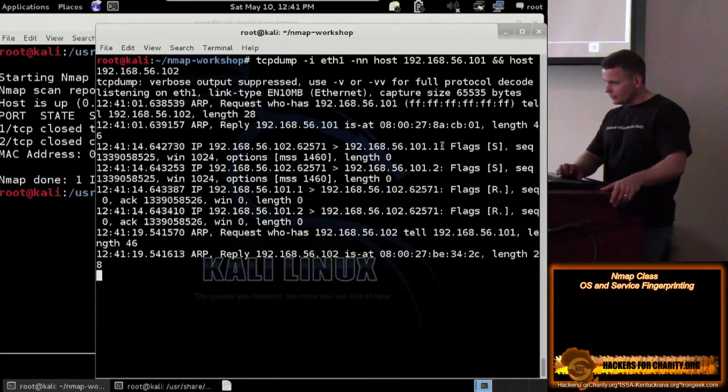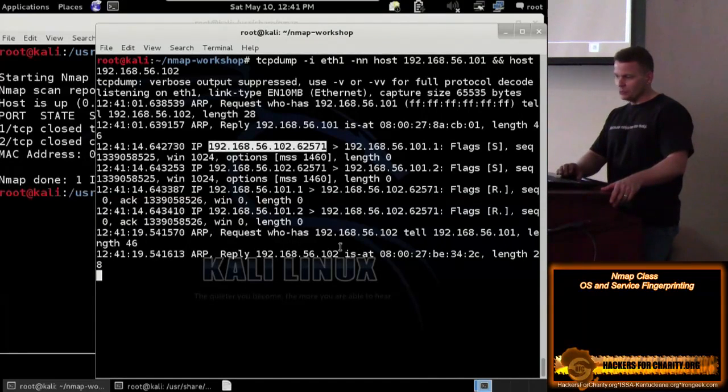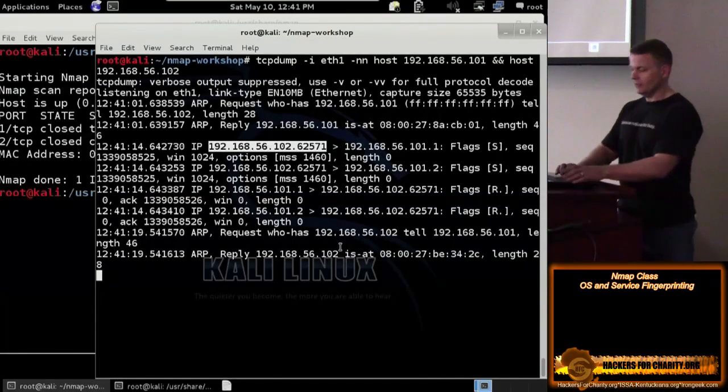It looks like it starts with 1. Here's us, 101.1, 101.2. Ports 1 and 2 responded back to us with reset ACKs, so they're closed. So it does not include 0.